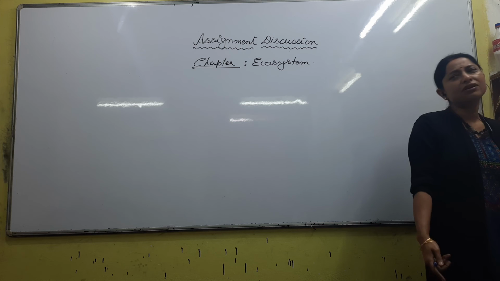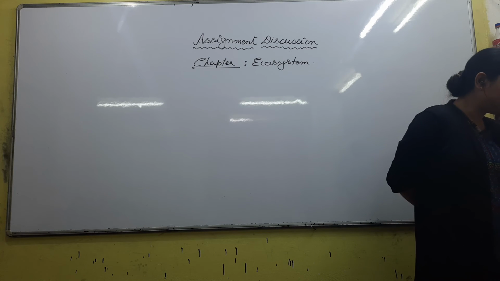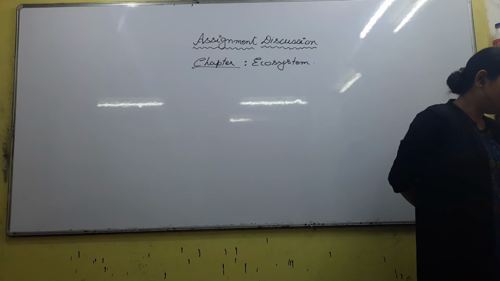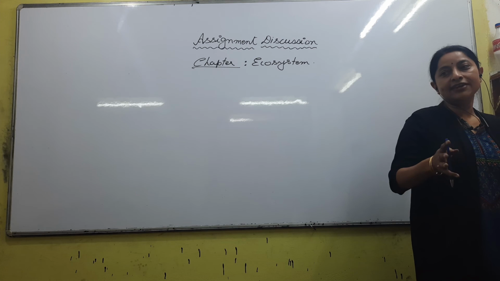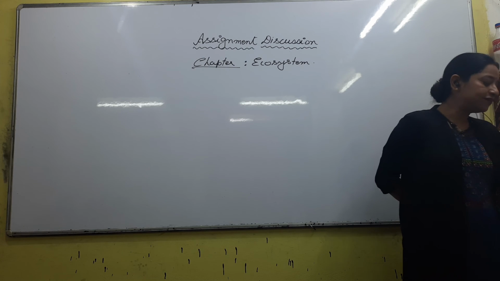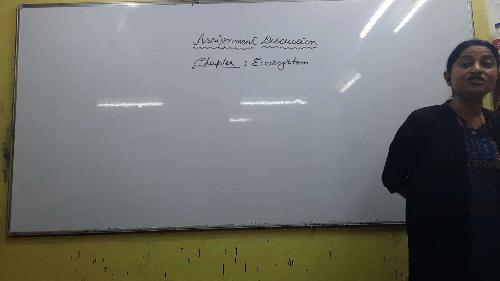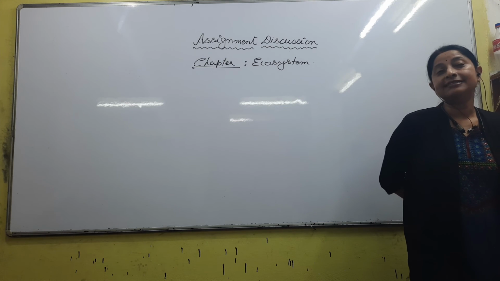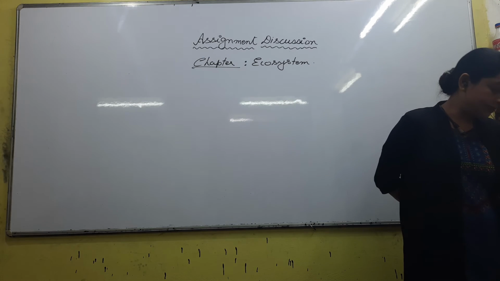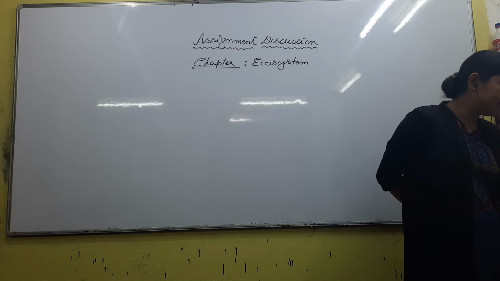Respiration loss, according to the old book. Question number 9: the important steps in the process of decomposition are fragmentation, catabolism, leaching, mineralization and humification. So these are the steps of decomposition. Okay, question number 11.